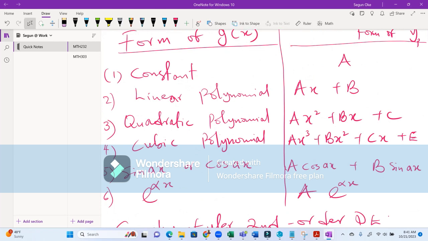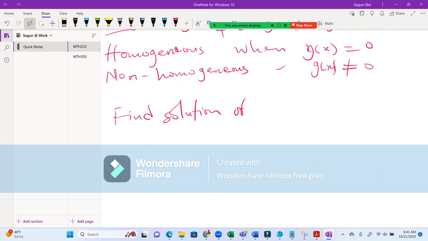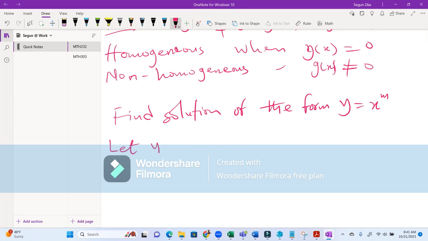For us to find the solution we are proving, we said find solution of the form y equals x raised to power m. So let our y from the equation we have equal x raised to power m.